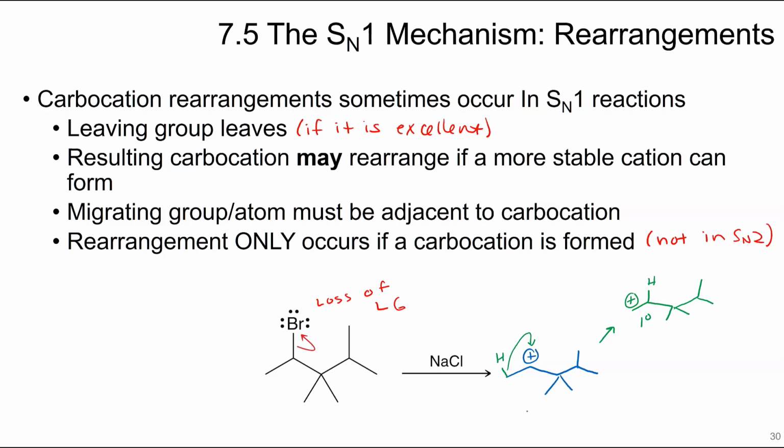This one is primary, this one is secondary. This is not more stable. The carbon next to it has methyl groups. If I take this whole methyl group and shift that here, that carbocation moves here. This is tertiary, which is more stable.